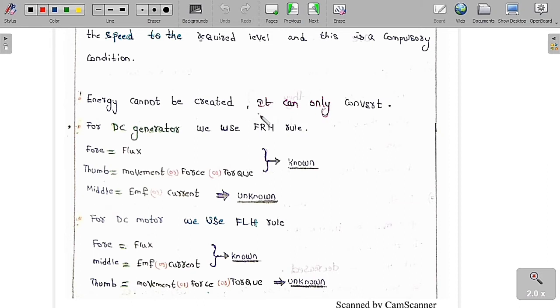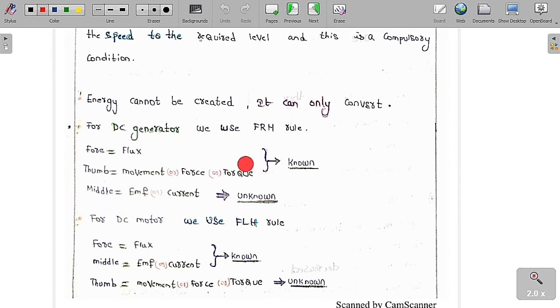So for the generator, I already told you we have to use the Fleming right hand rule. The thumb represents the movement or force or torque, the forefinger represents the flux direction, and the middle finger shows the direction of the EMF or current.